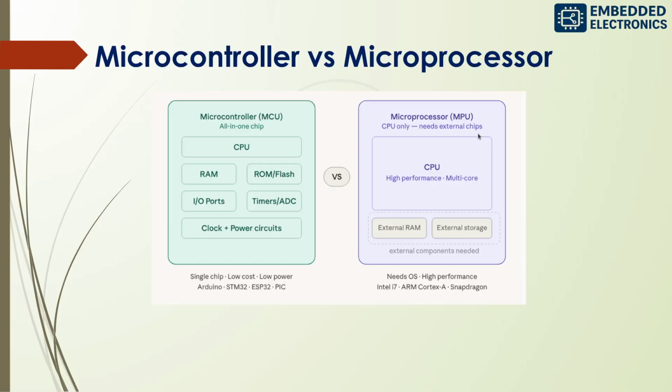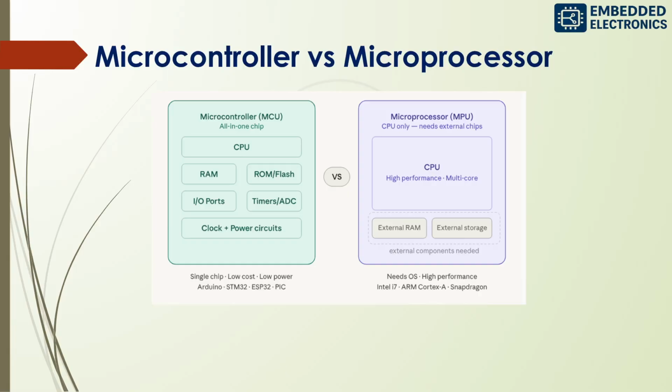But a microprocessor is like a powerful brain without a body. The CPU is very powerful, but it can't do anything alone. It needs you to connect external RAM, storage, display controllers, etc. before it works. So that's why a laptop is bigger and more expensive.